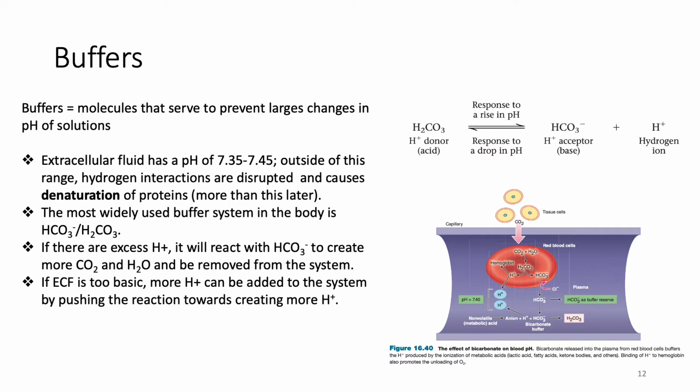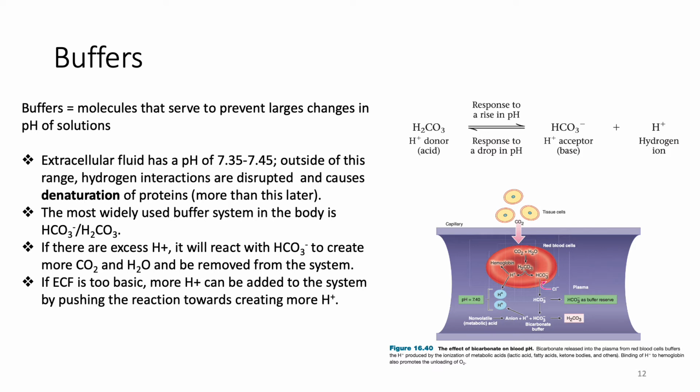There are several buffers that contribute to the pH stability in human blood and many other biological solutions. One of these is carbonic acid, formed when CO2 reacts with water in blood plasma. As mentioned earlier, carbonic acid dissociates to yield a bicarbonate ion and a hydrogen ion, or H plus.